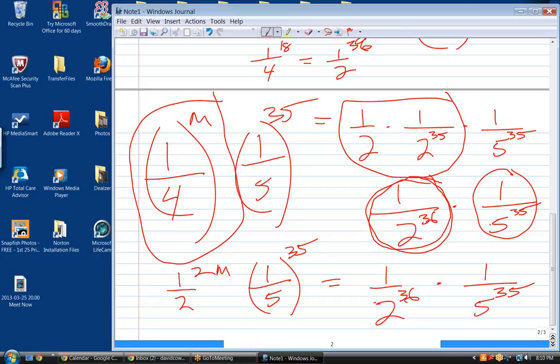Just remember that when you take a number less than 1 to an exponent, it gets smaller. And that's the other part of this problem that makes it difficult, is that we're dealing in fractions, not whole numbers. So they get smaller instead of bigger.